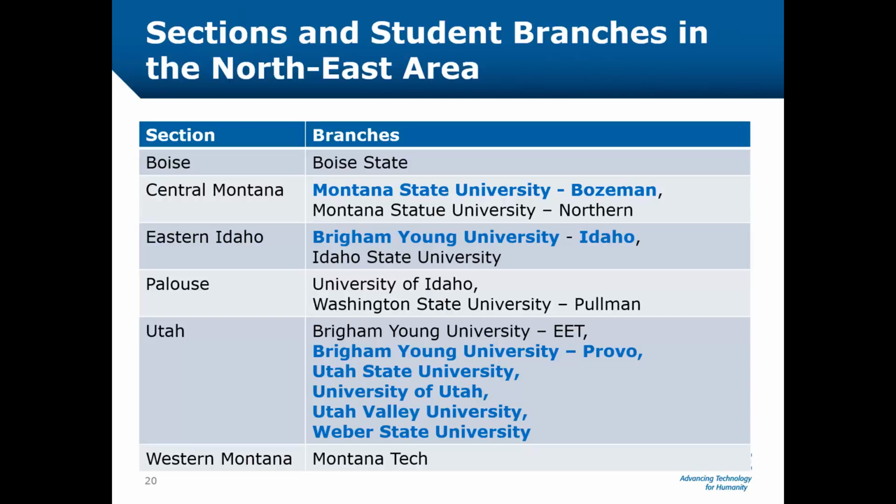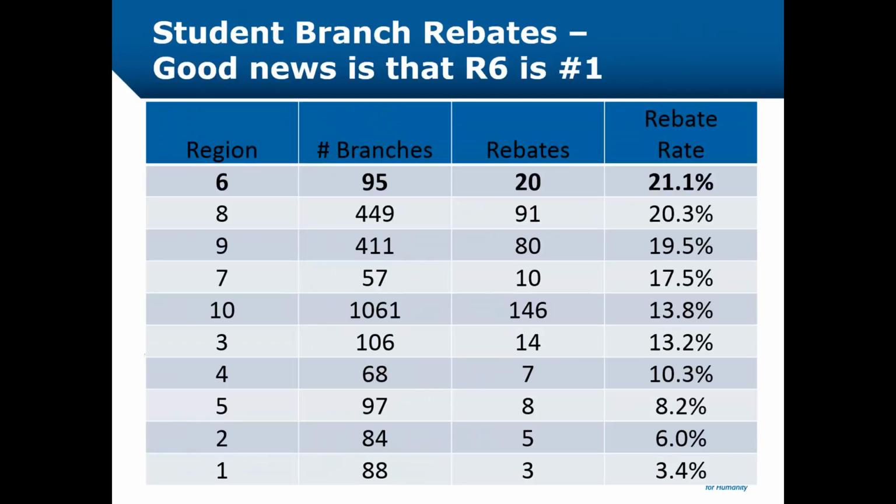Here, this was not presented in this way, but a big discussion at the board, in terms of member and geographic activities, was that one of the professional staff looked at the numbers on student branch financial support and said that 3/4 of the money supporting student branches was coming from the sections, and 1/4 was coming from IEEE because students don't get their rebates.